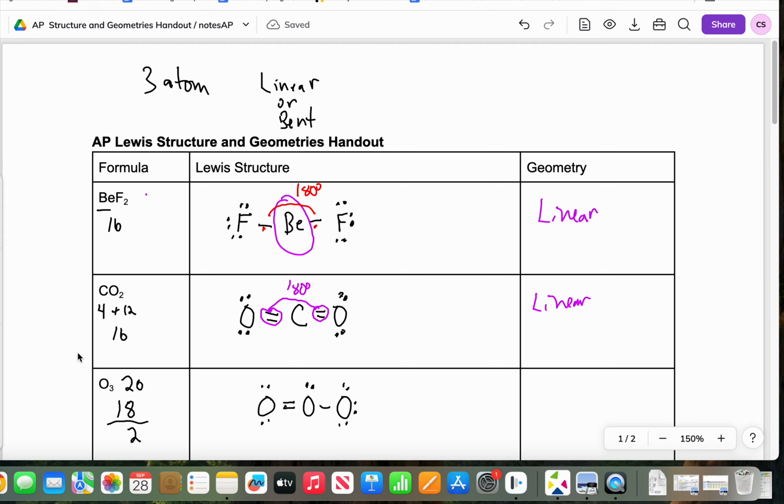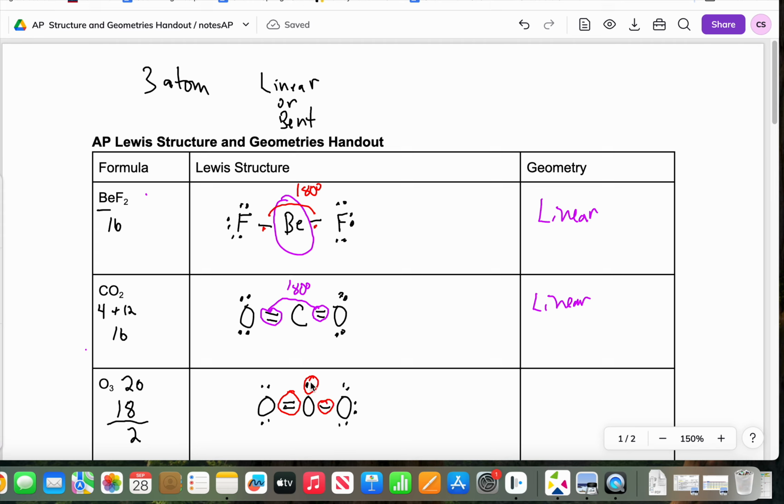Okay, now what we're basically looking at is the electron domains around the central atom. Like if we were to look at the domains around O3, there's one domain. Double bonds count as one domain. The lone pair counts as a domain, and this lone pair counts as a domain.